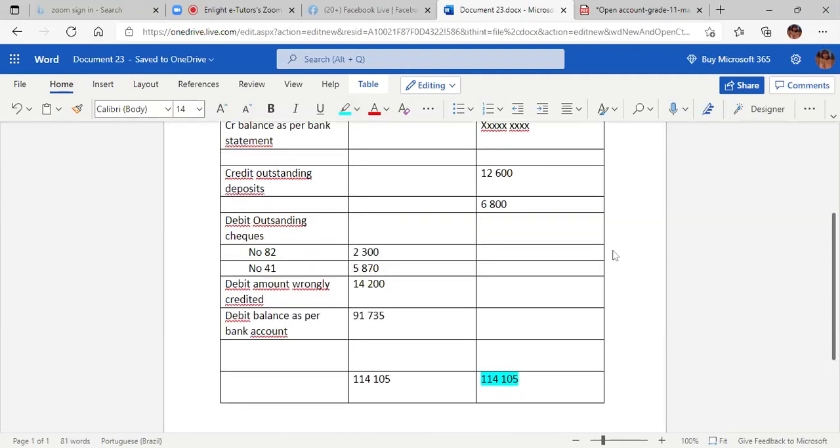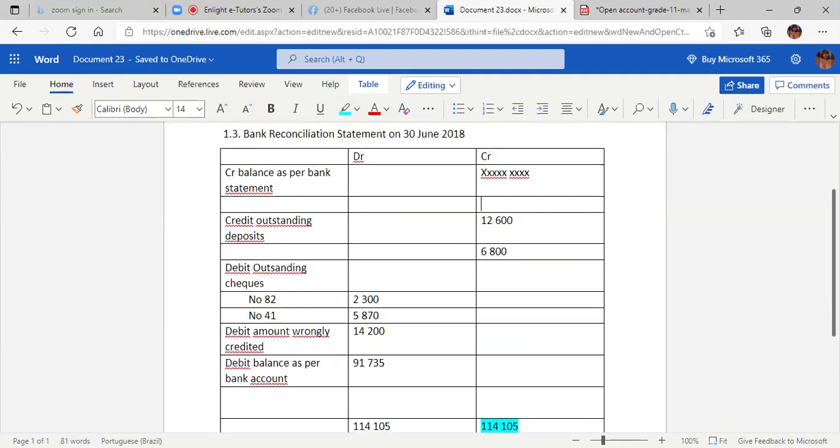So we're going to use that balancing amount, 114,105, to find the balancing amount, which is credit as per bank statement. So you are going to do this by saying 114,105 minus 6.8 and then minus 12.6. How much is that? Let me also calculate.